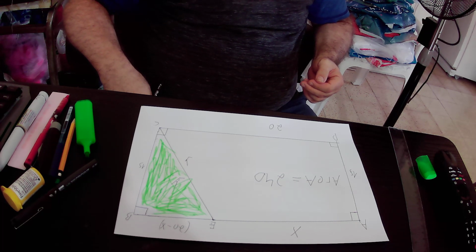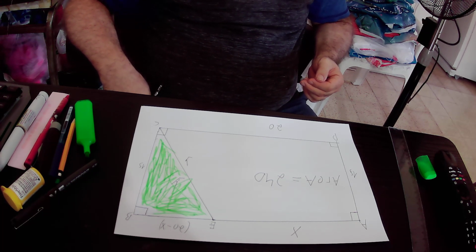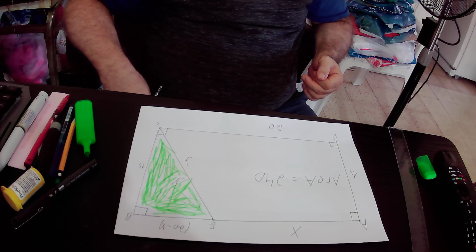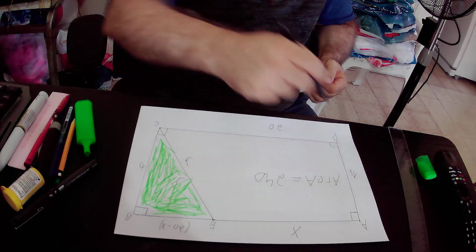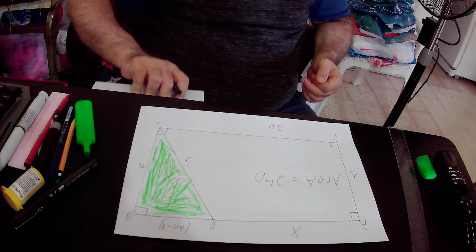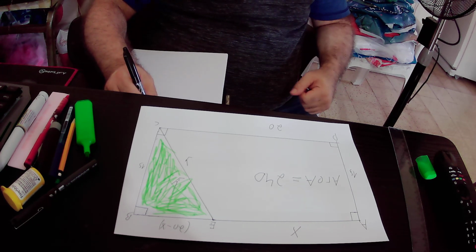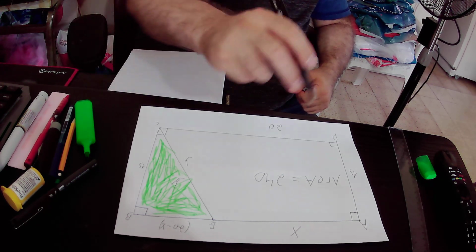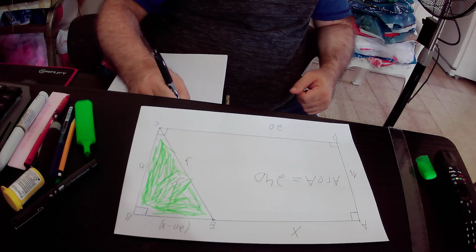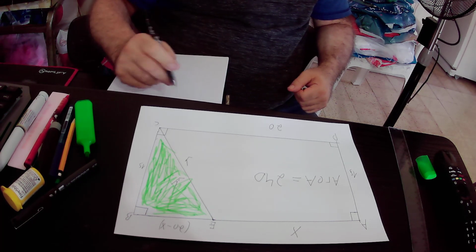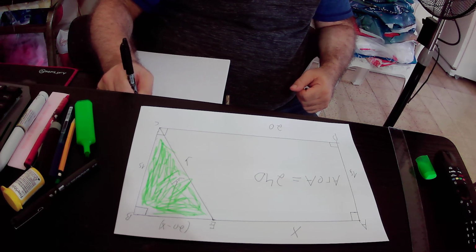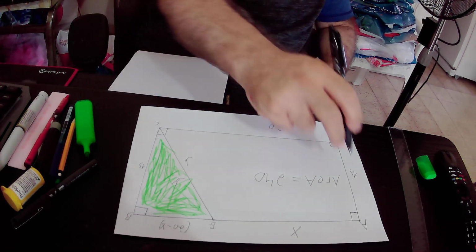Okay, so actually we know that the area of any rectangle equals the length of the rectangle times the width. So the area of rectangle ABCD will be equal to the length of the rectangle times the width.